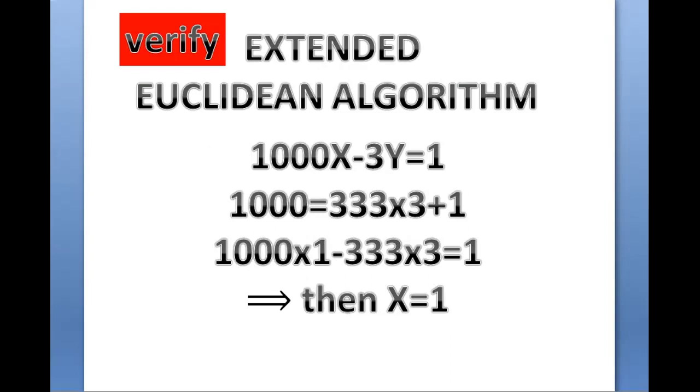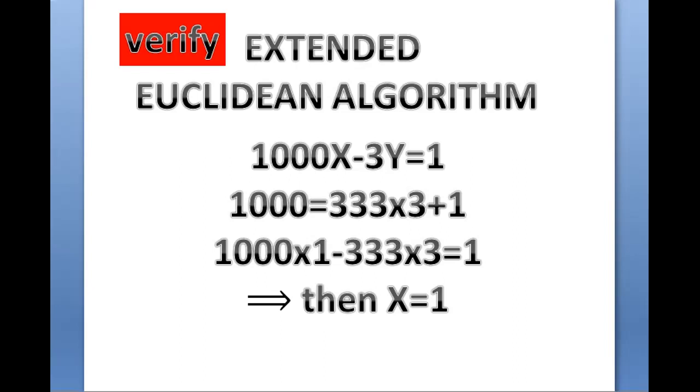Verify with the extended Euclidean algorithm. 1000x minus 3y equals 1. 1000 equals 333 multiplied by 3 plus 1. And then 1000 times 1 minus 333 times 3 equals 1.